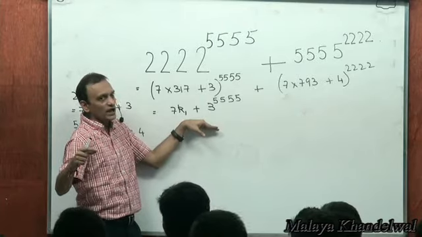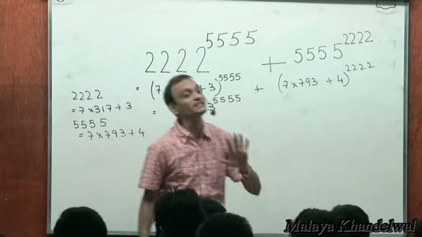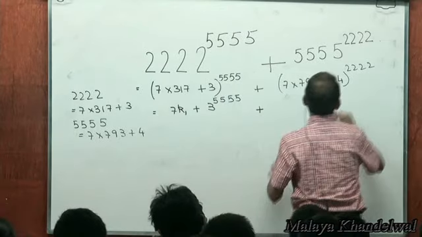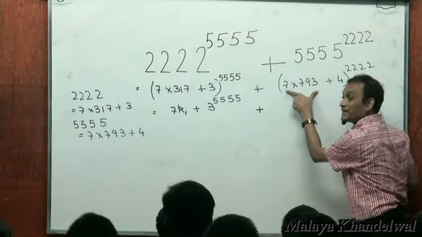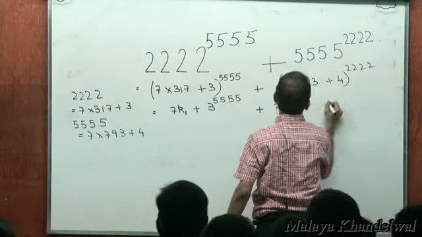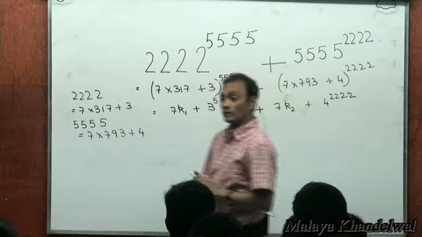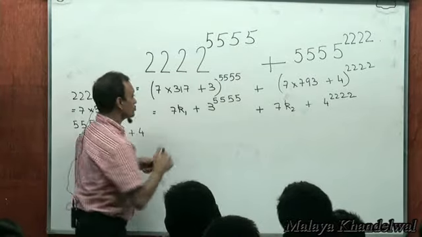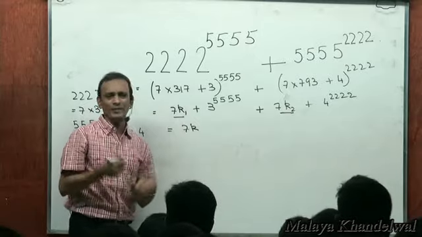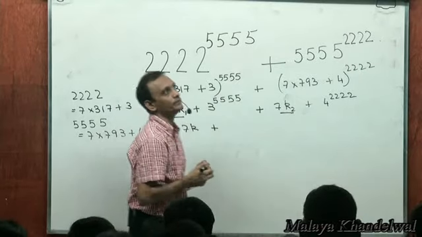So all terms except the last term, 3 to power 5555, will contain 7 in this expansion. Similarly, look at this. Except for the last term, all of the terms will contain 7. So when they are consolidated together, they would be like 7k2 plus 4 to power 2222. Right? So 7k1 plus 7k2 is like a 7k together, divisible by 7. Right? Plus.